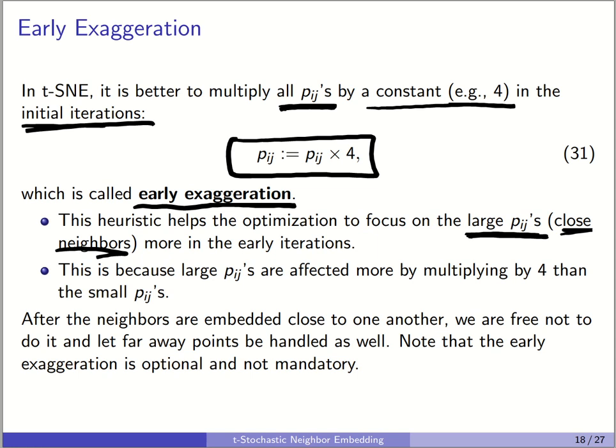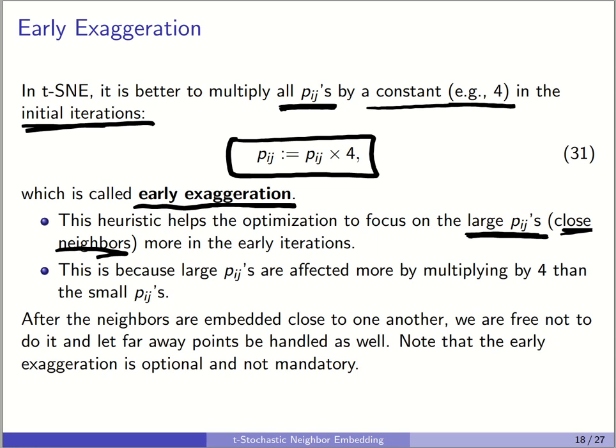Therefore, we want to take care of neighbors or similar points more in the initial iterations. But in the later iterations, we say, okay, let's now also focus on far away points.